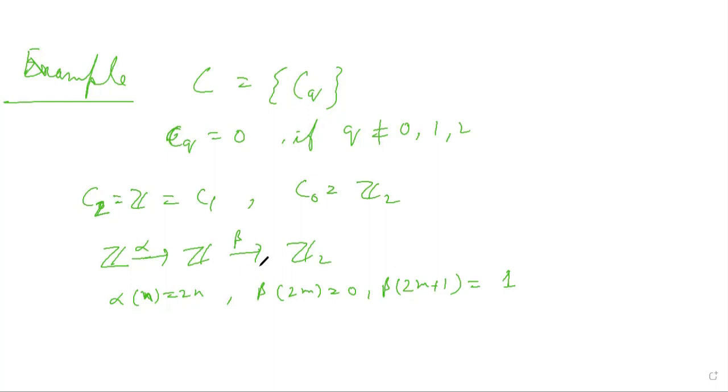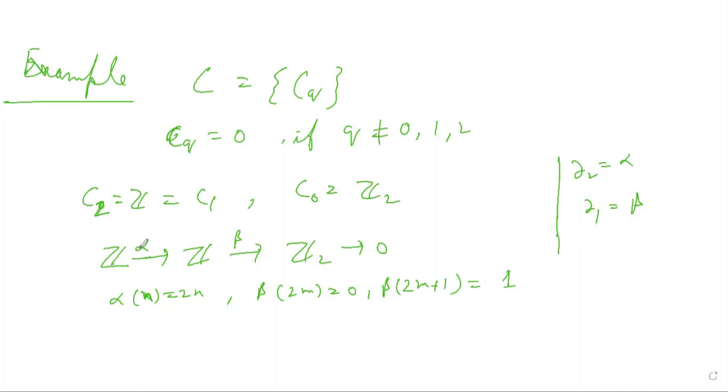Then what will happen, you see that here of course this is C0, and so here I can see that alpha, beta, of course, we will have 0.